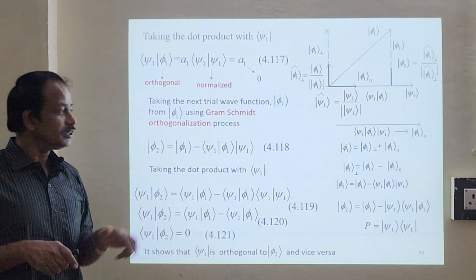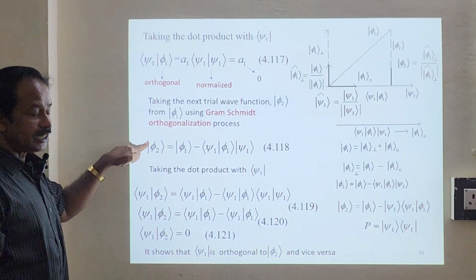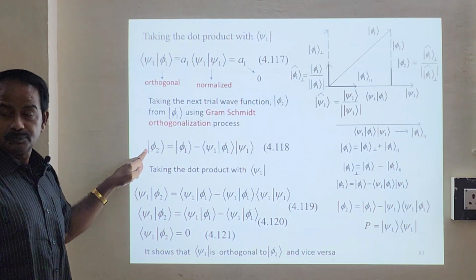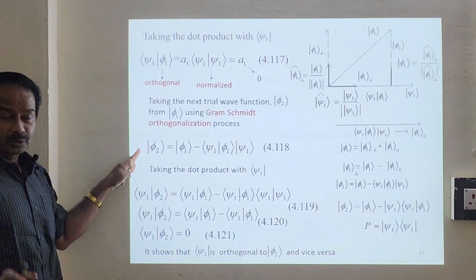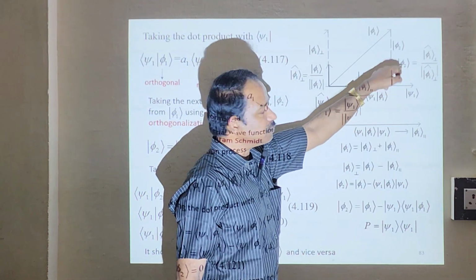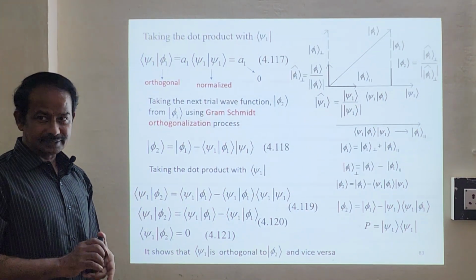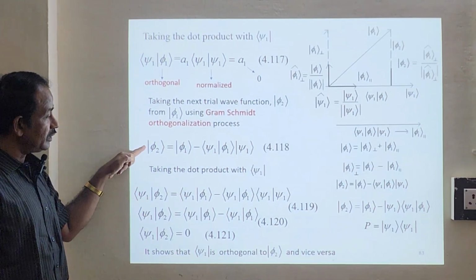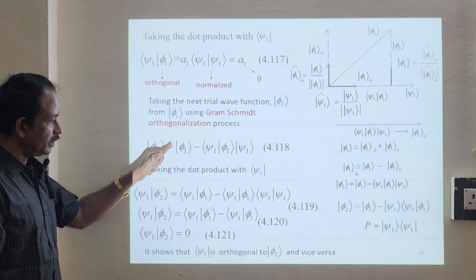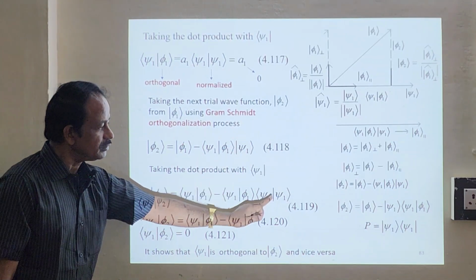Now we are going to prove whether really it is perpendicular or not. Let us see. I am going to take the inner product of psi 1 with phi 2. As I said just now, psi 1 is perpendicular to phi 2. Whether it is true or not, let us see. So psi 1 phi 2 is equal to psi 1 phi 1 minus psi 1 phi 1 phi 1 psi 1.